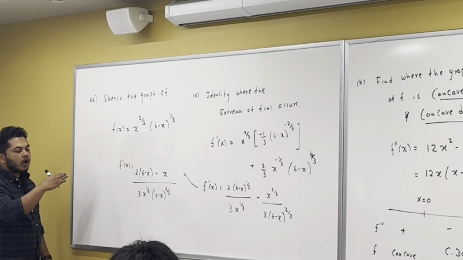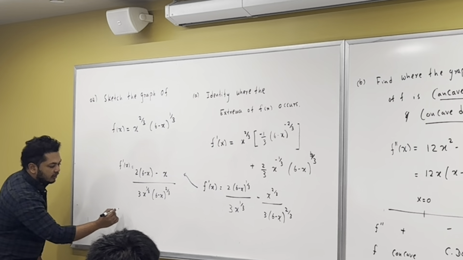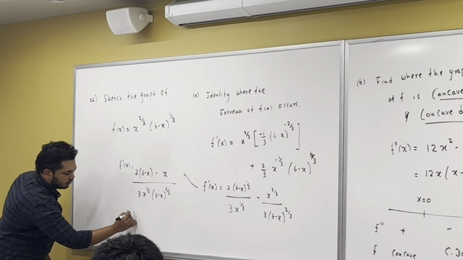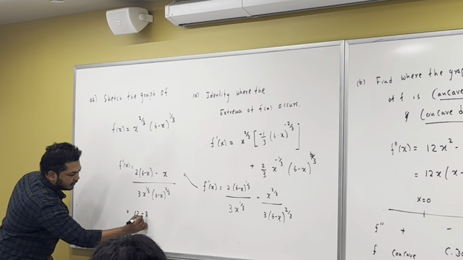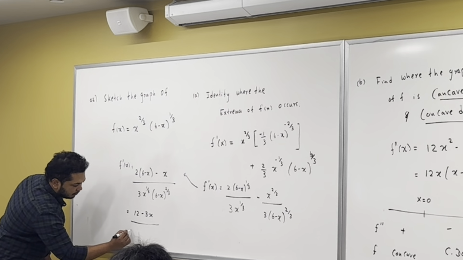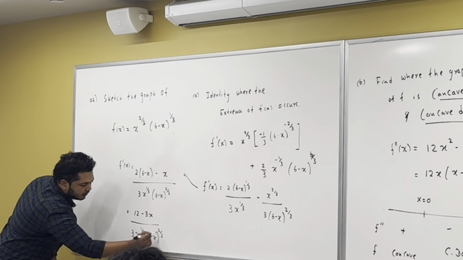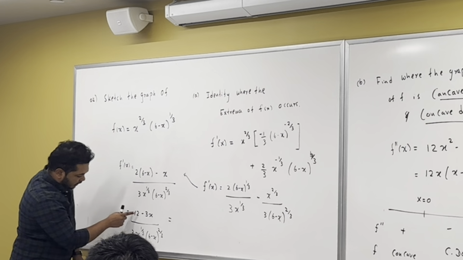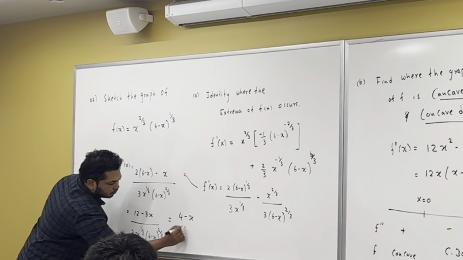Now the denominator is a nice linear function, so I'm going to write it like 12 minus 3x. Let me write this one more time. I know this is just algebra here, but you must understand. So I can cancel out 3, so I can write like this.